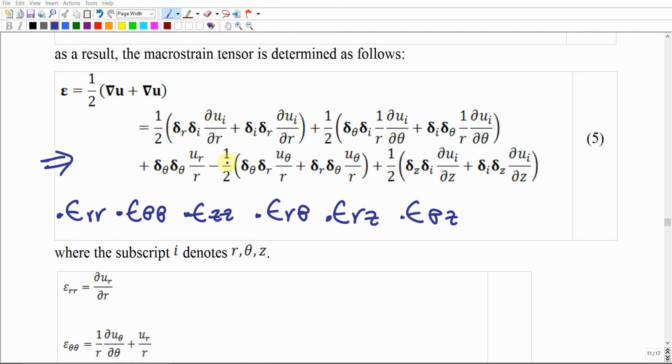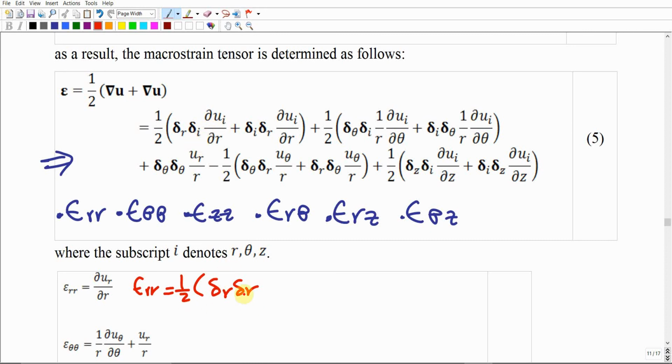For example, with the first term, here I'm just going to write how we can derive the epsilon RR with this term. The first term, we do have 1 over 2, we do have delta R. Now I'm going to consider I as R as well, because I would be R, theta and Z. It means that this term is going to be split into 3 terms.